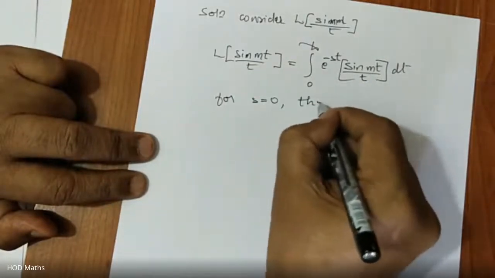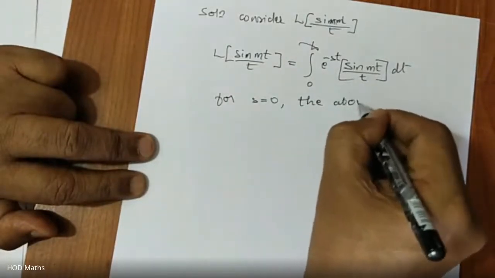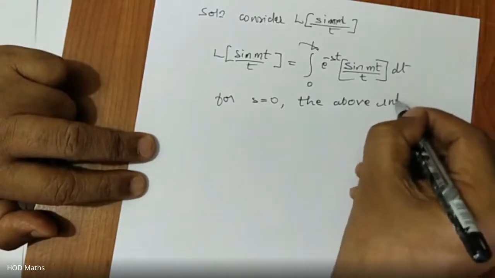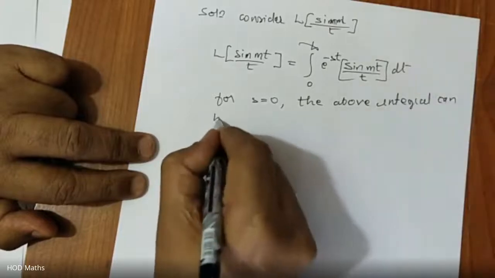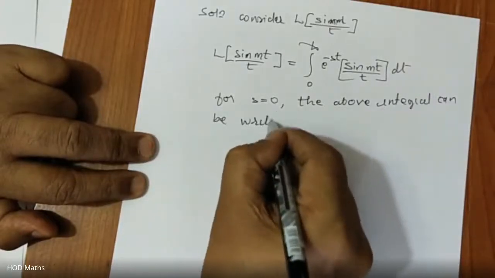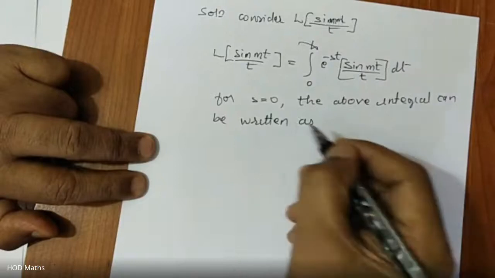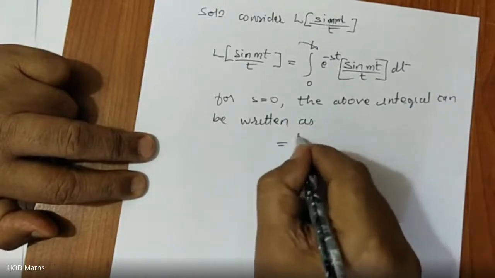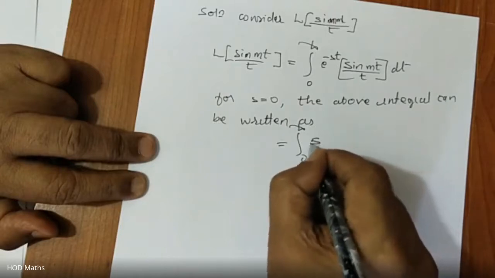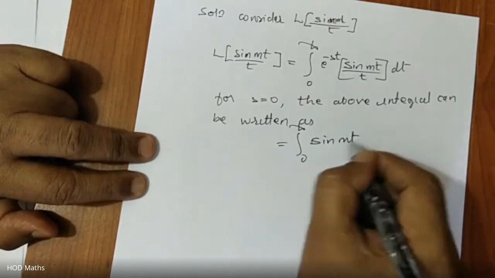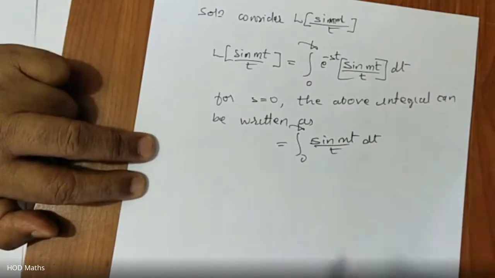So for s equal to 0, what happens? The above integral can be written as the integral from 0 to infinity, e power 0t is 1, so sine mt by t dt, right?